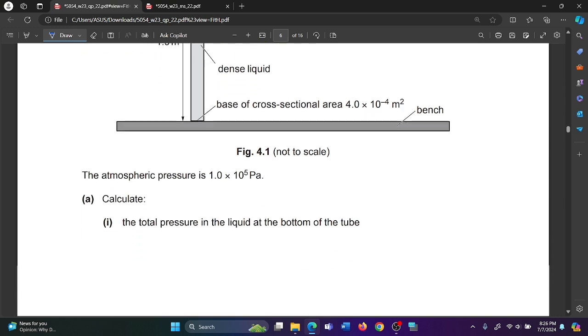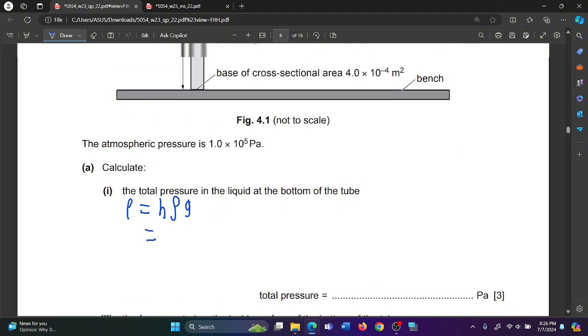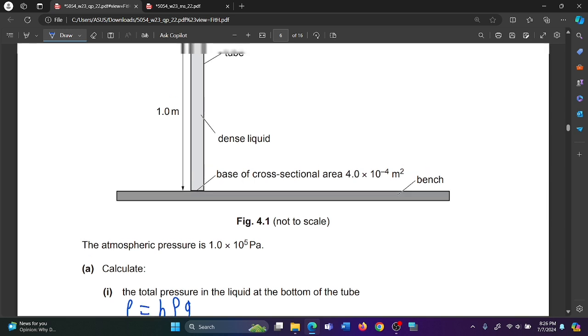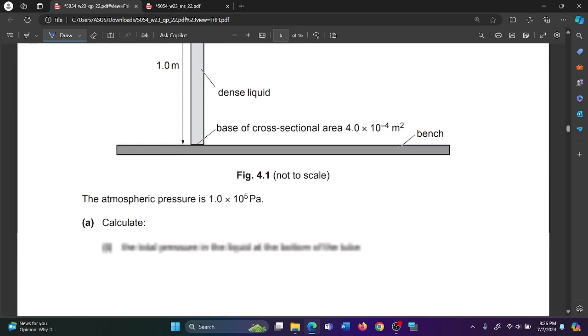Now let's move on. The total pressure in the liquid at the bottom of the tube. So let's calculate. The formula of pressure is P equals h rho g. Here h is the height, rho is density, and g is gravitational acceleration. So what is rho, the density of the liquid? It is 1.4 × 10^4.